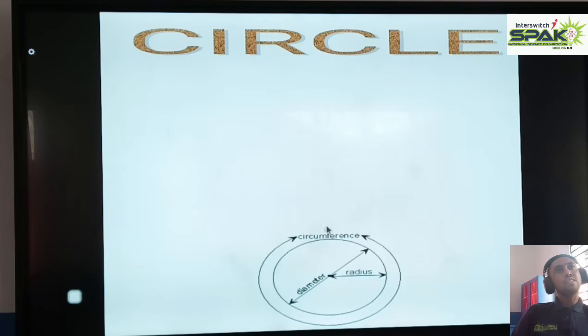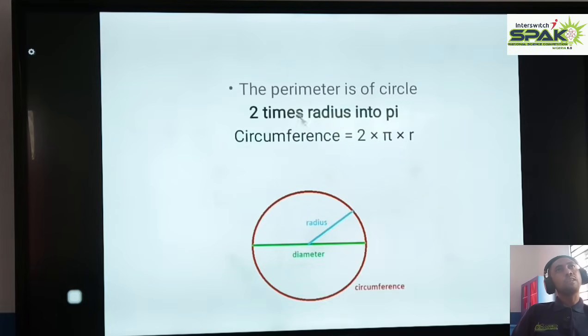The distance round the circle, the lateral side of the circle, is called the circumference. And this line, the longest chord, the line that divides the circle into two equal halves, is called the diameter.